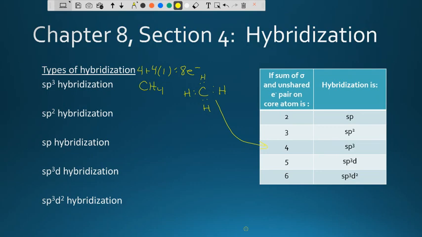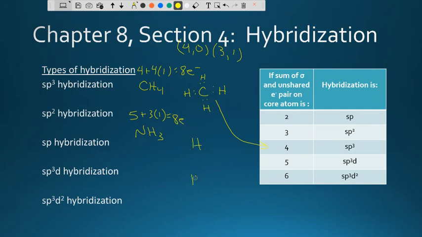Now, there's other examples of an sp3 hybridization. So this was an example of 4 sigma and 0 unshared bonds. There is an example of like a 3 and 1. If we took a look at ammonia, which is NH3, the nitrogen itself is going to have 5 total valence electrons, and I have 3 hydrogens with 1, so that's 8 total electrons.